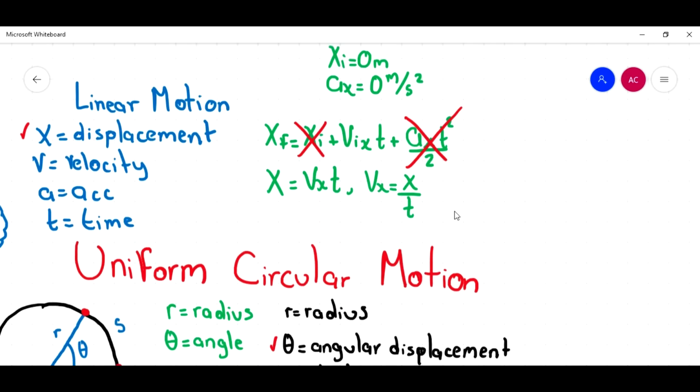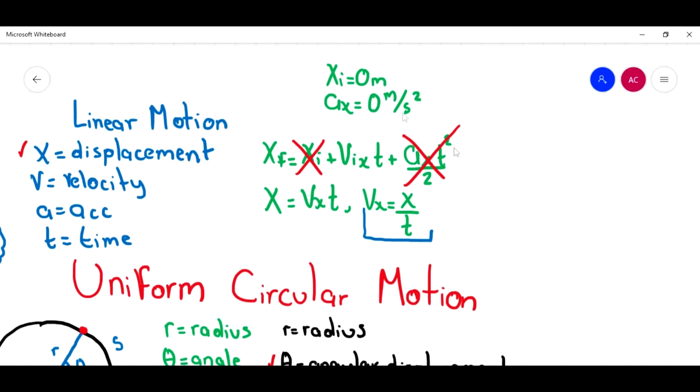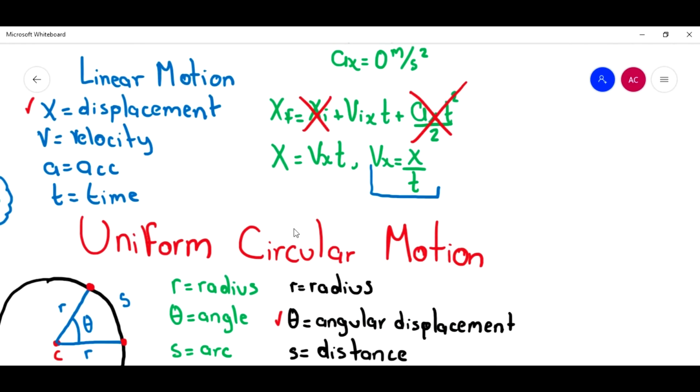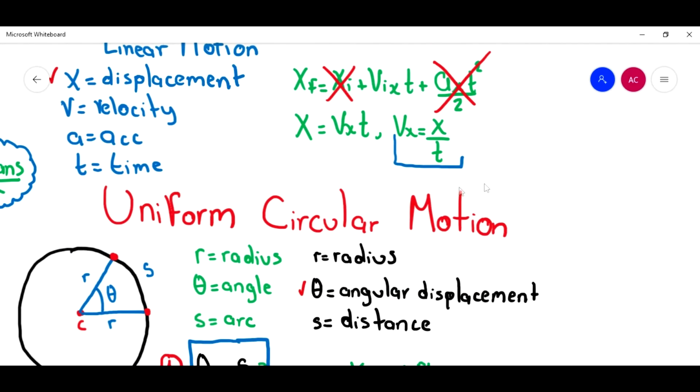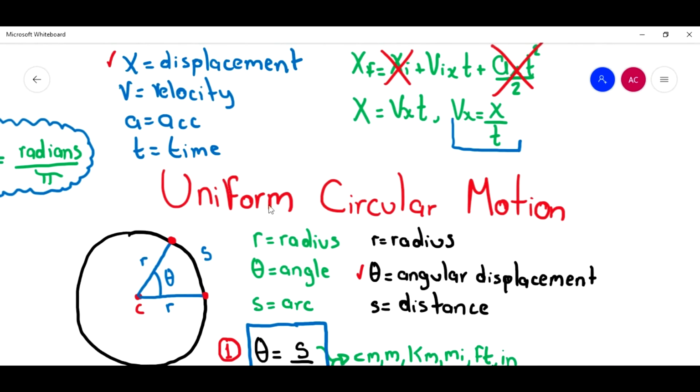I'm not going to say that I'm going to use this equation directly, but I want to compare. This is the equation for linear motion with zero acceleration, which means that the velocity is constant. The topic here is uniform circular motion. Uniform means that the velocity is going to be constant.